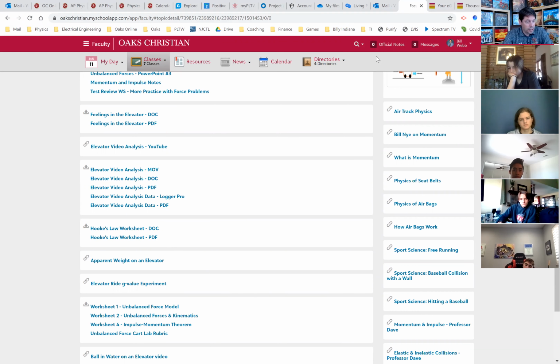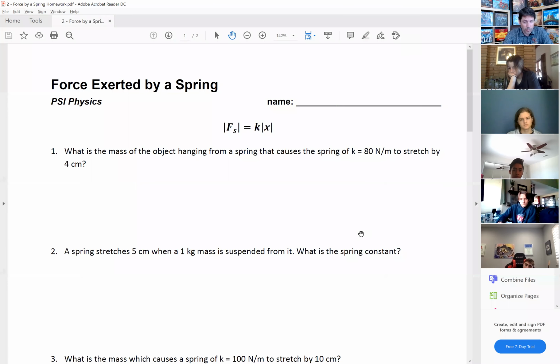Now, I want to show you what the document looks like, because there's something new on here that we haven't done before, at least not in this way. Once you open it up, this is the PDF form of it. You'll see that the title on the worksheet itself is Force Exerted by a Spring. So even though I've called it Hooke's Law on Axis, Force Exerted by a Spring is the title on the page.